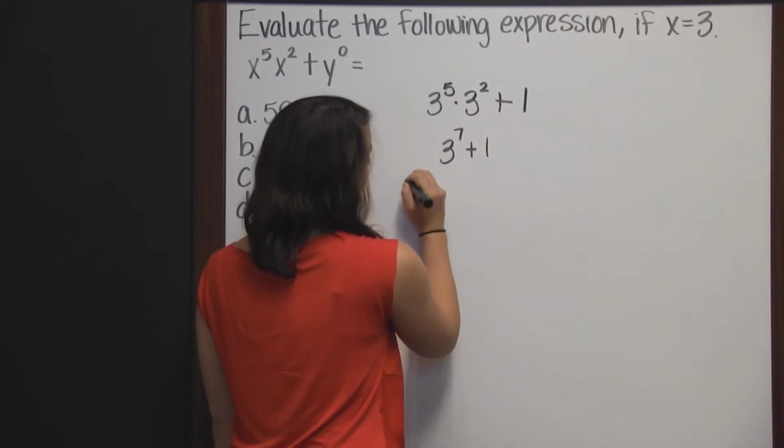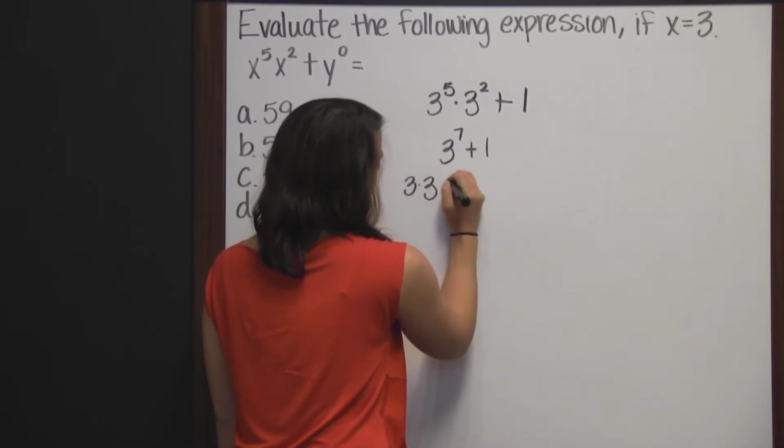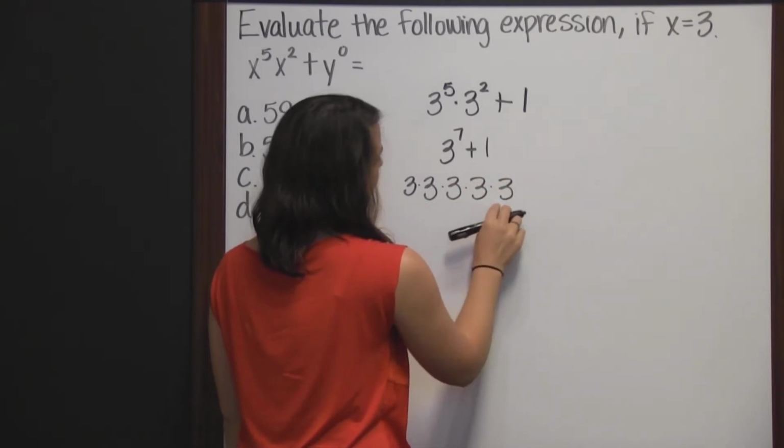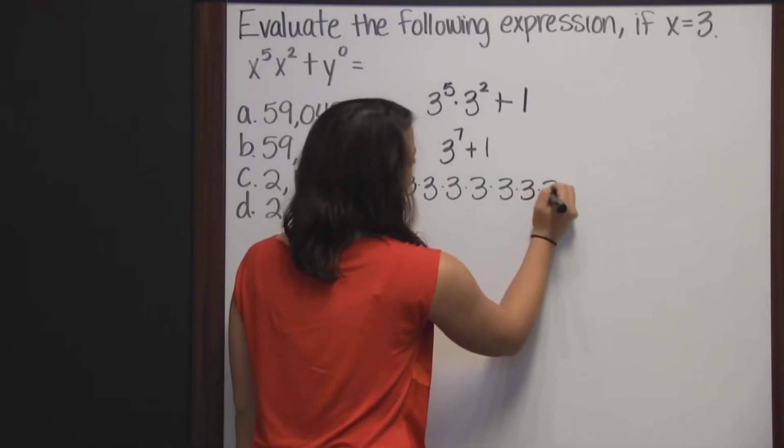And 3 to the 7th power is 3 times 3 times 3 times 3 times 3, 1, 2, 3, 4, 5, times 3 times 3.